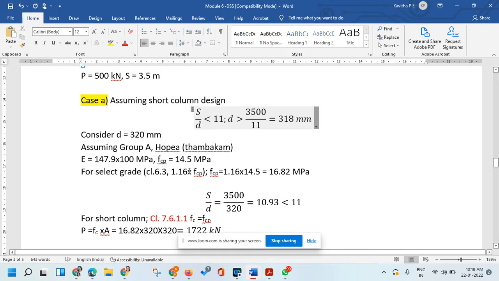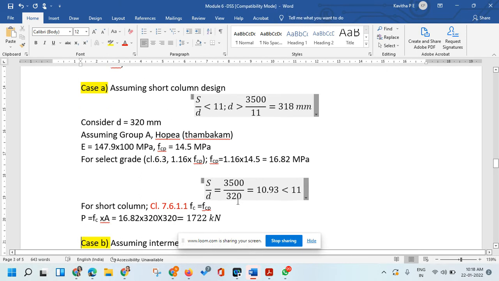So since it is select grade, I am multiplying FCP with 1.16, and here you can see that I am getting the stress value as 16.82. Then I am calculating the S by D value 3500 by 320, that is 10.93. I was just checking whether I am getting the short column itself.